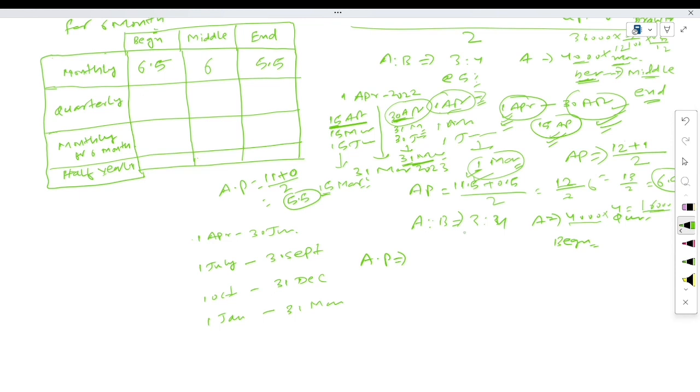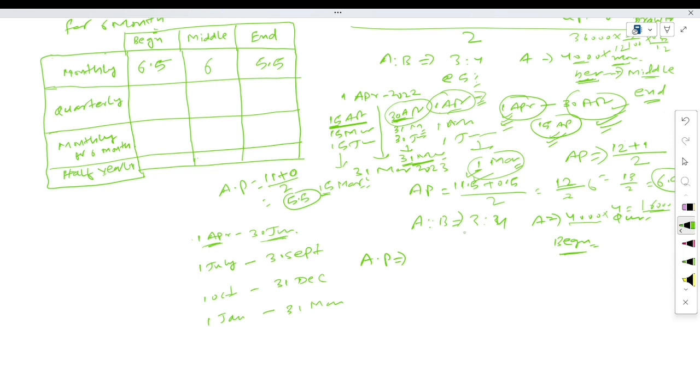Now the question is that at the beginning of the quarter he is withdrawing the amount. What is the beginning of the quarter? Here 1st April will be the beginning of the quarter. 30th June will be the end of the quarter. Like this, 1st July beginning, 30th September end, 1st October beginning, 31st December end, 1st January beginning, 31st March end. And if we talk about the middle of the quarter, then what would be the middle?